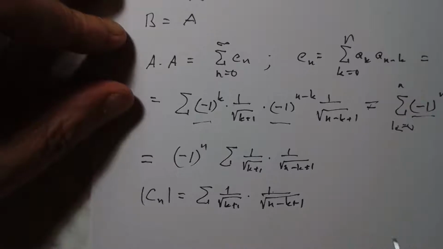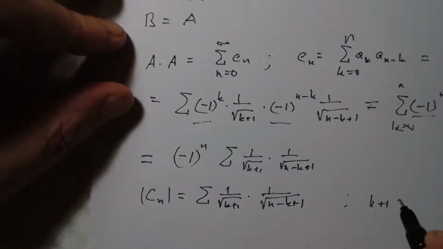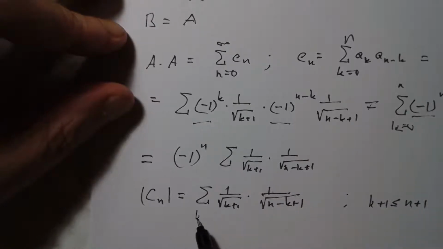Are we good? Okay. Now notice that k plus 1 is definitely less or equal than n plus 1 because k is less than n. Here k goes from 0 to n. And therefore, this quantity is greater or equal than 1 over square root of n plus 1.